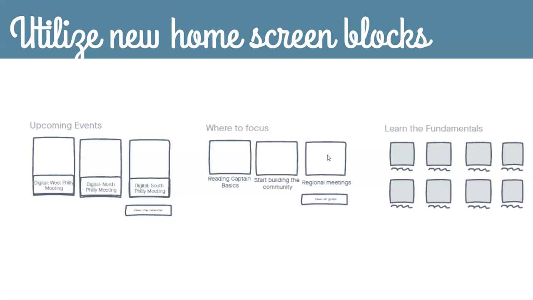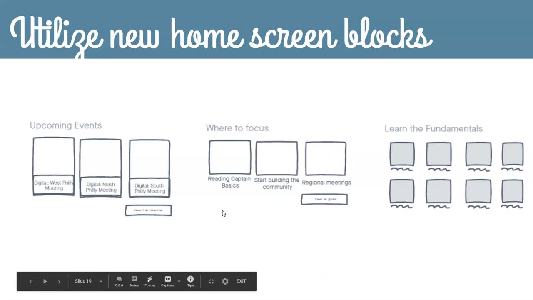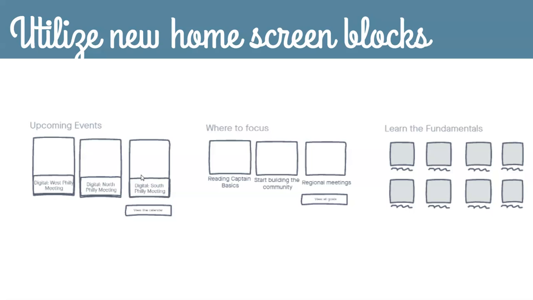So this is our new short goals block, and you can scroll through both of these. You can scroll from left to right and keep swiping through them, or view all the goals or the whole calendar. And then one of the last new blocks, which should be fairly available, it was a couple of iterations ago, are categories. So now you can have your categories on your home screen.